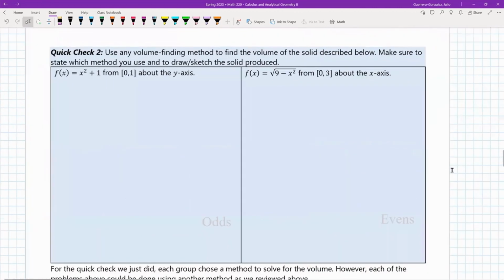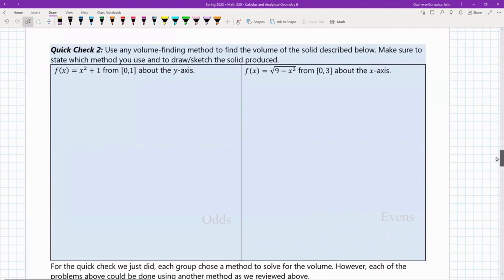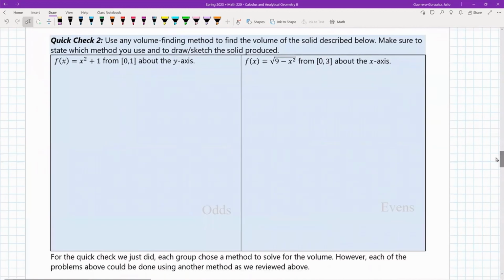So quick check 2, I'm going to have you guys do odds and evens, okay? These two are shapes that I want you guys to try to find the volume for, but use whatever method you want.